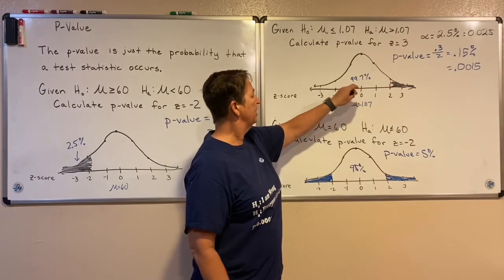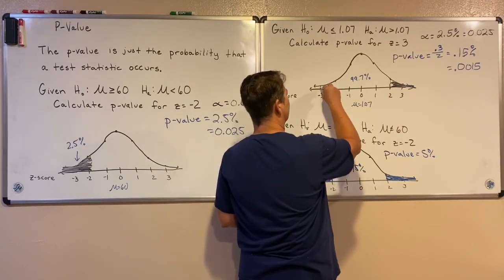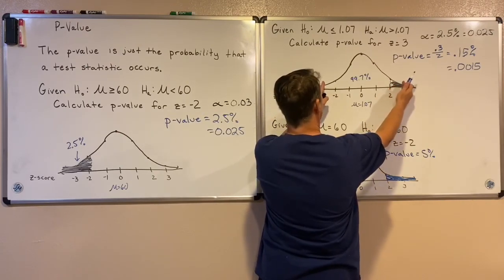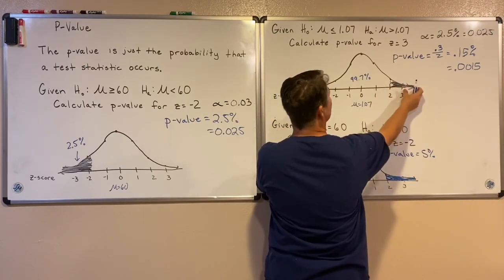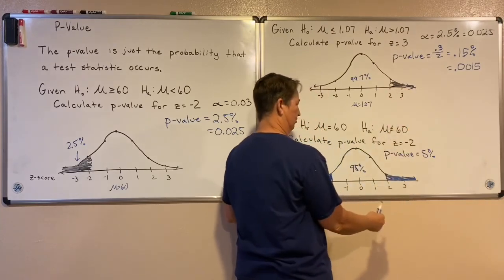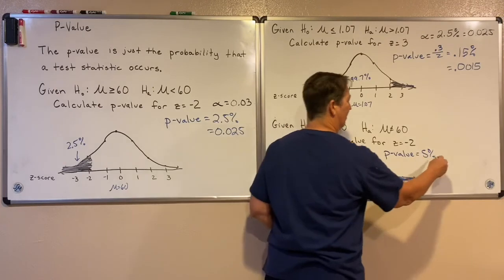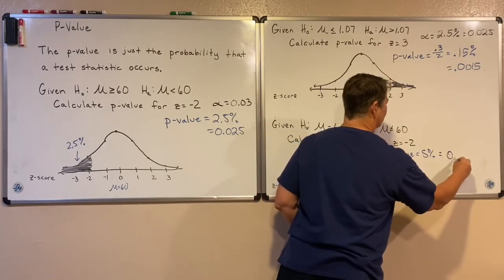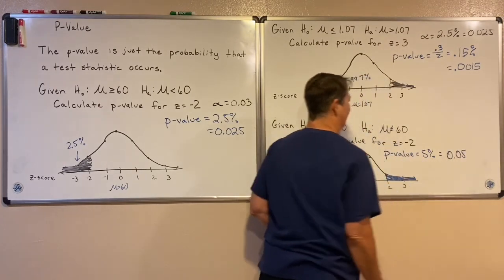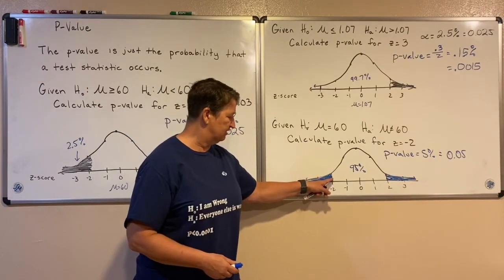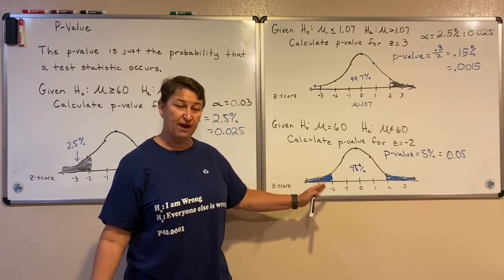Whereas up here, it was 99.7 to this, so there was 0.3 on either end, but then I split it in half to get that p-value. This time it's just both ends. So my p-value is 5% or 0.05.